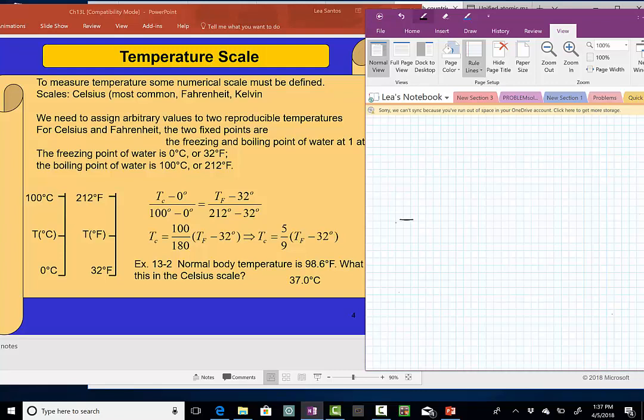So 0 Celsius is the temperature where the water freezes, and 100, which is the temperature for the water to boil. And suppose I'm going to try to find this temperature here in between Celsius, or I'm going to be given this temperature in Celsius and I want to find it in Fahrenheit.